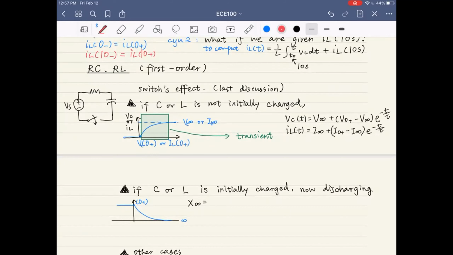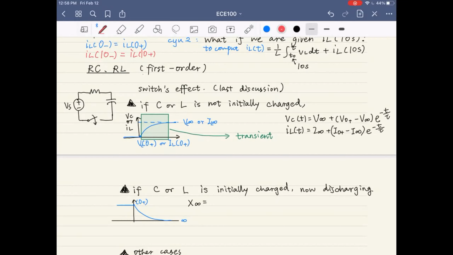Let's go to the RC and RL part. When we say RC or RL, that means that we only have one capacitor or one inductance in the circuit. We may have multiple, but finally they can be merged into one.